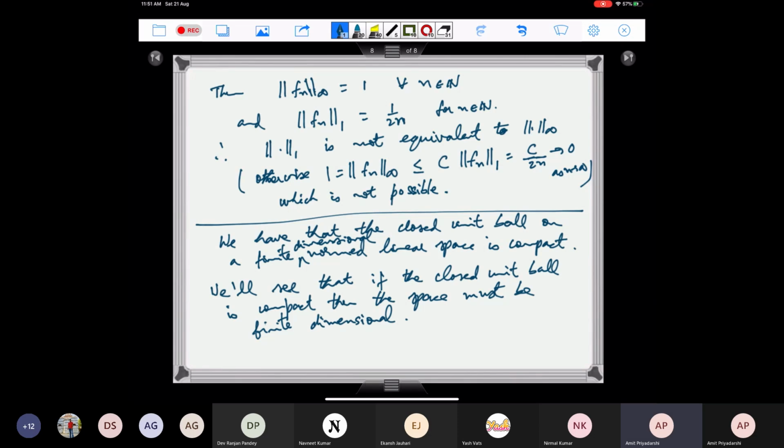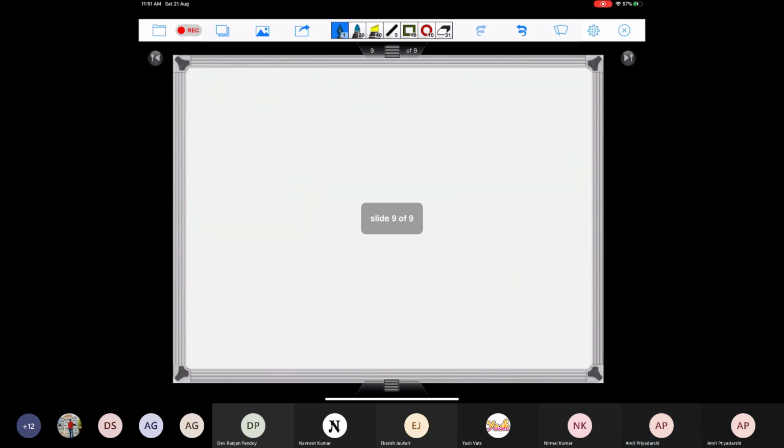So to prove this, we need one lemma, which is called Riesz's lemma. So let me state Riesz's lemma.